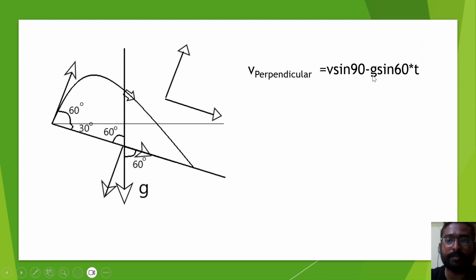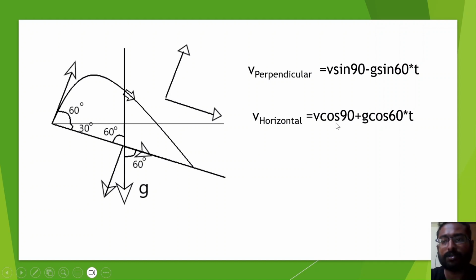That's why we are using minus, so it is minus g sin 60 into t, where t is the time at which we have to find the perpendicular velocity, okay. And the velocity along the inclination will be u equal to v cos 90, and g is in the positive direction, okay, like this. So plus g cos 60 into t, okay.